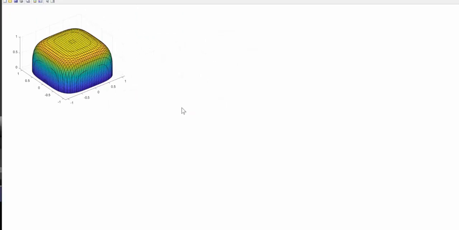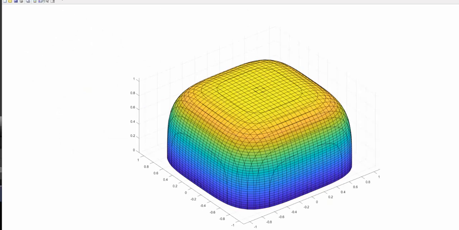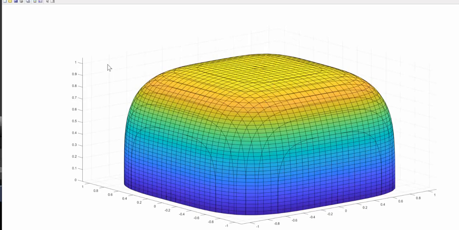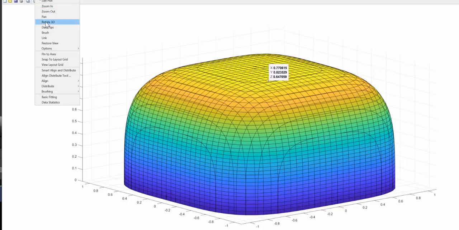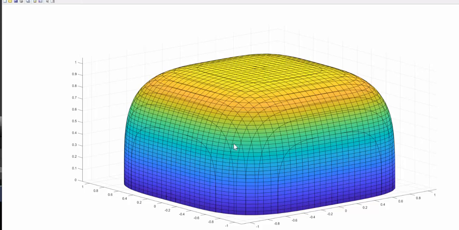So what we see is this, if we go ahead and look inside, I thought it was going to rotate for me, but it's not doing that. Let me try it once again, rotate 3D. Now it's going to do that.